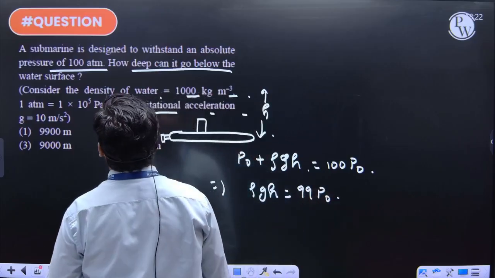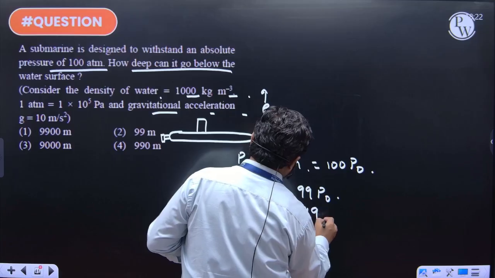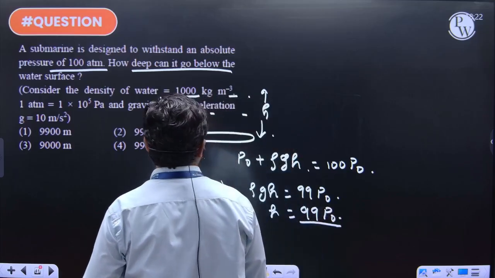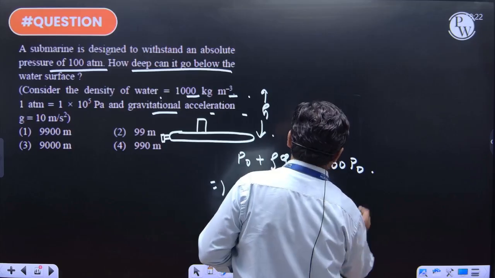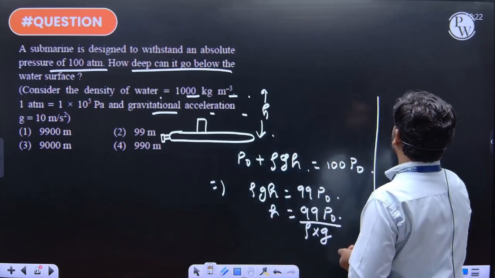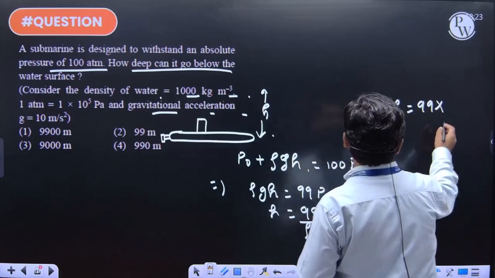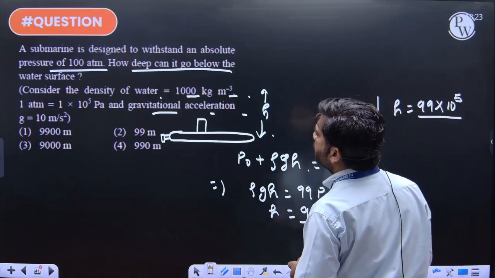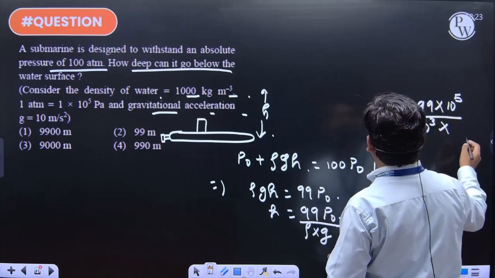What we have to calculate is how deep it can go. So h will be equal to 99 P naught divided by rho into g. Just put the values: 99 into P naught, which is 10 to the power 5, divided by density 1000, that is 10 to the power 3, into g value 10.